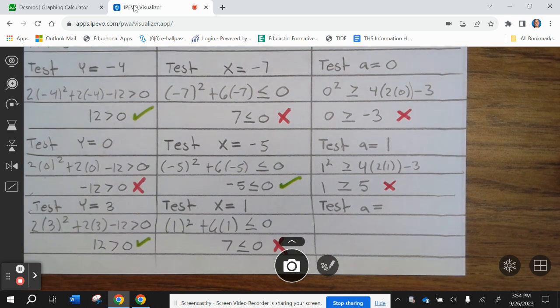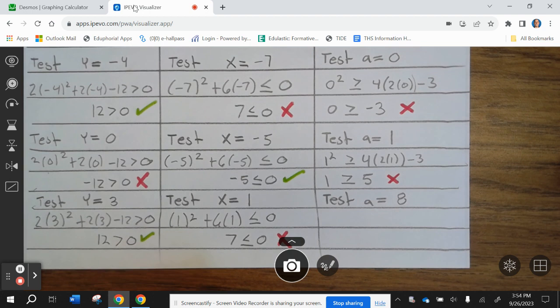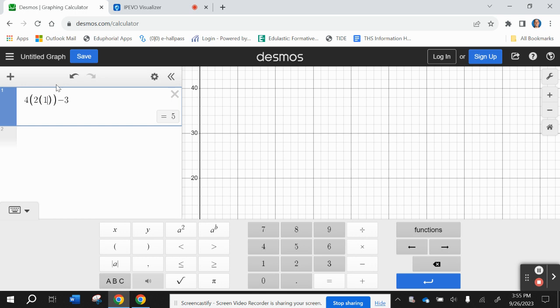And then let's try 8. So then we just need to change this 1 to an 8. So 61. So, oh, and I almost forgot.